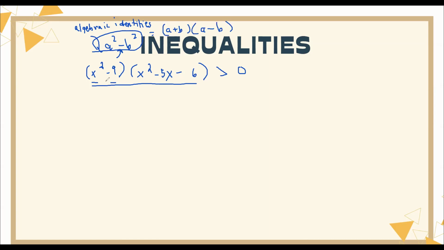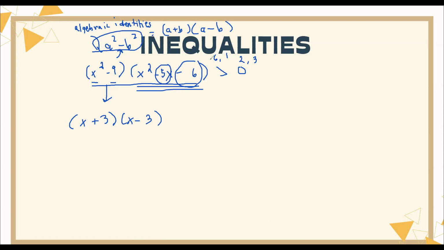So makikita mo agad, okay, so ang factor nito is a plus b, which is x plus 3, and a minus b, which is x minus 3. Okay? Ito na lang i-factor mo, yung second half. Now, to factor this out, we need negative 6. So we can either use 6 and 1 or 2 and 3. But we need 5. So ang pinakamaganda dyan is we need a negative 6.